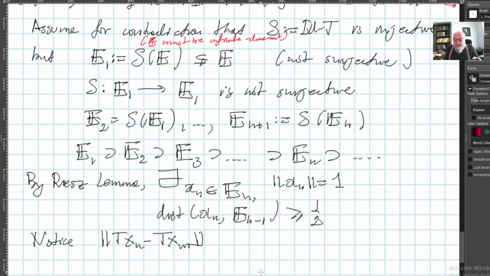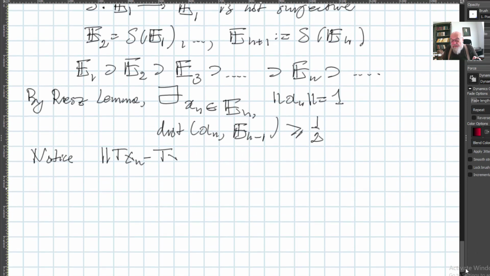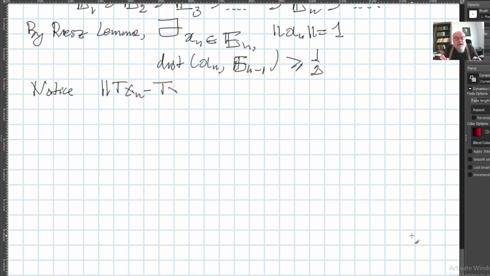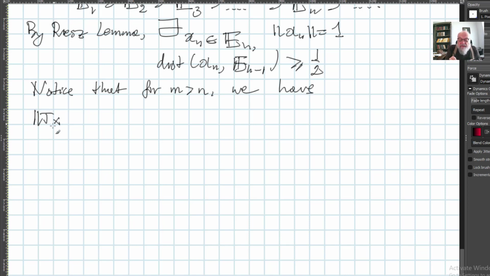I can rewrite it down. Maybe I should put it like this, because I need more space. Notice that for m larger than n, we have Txn minus Txm.